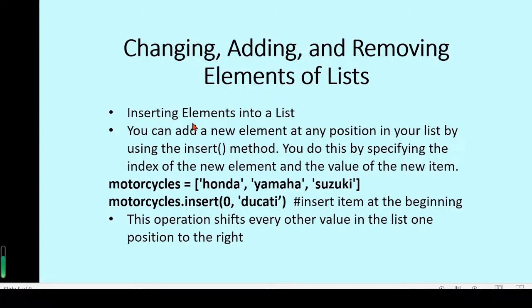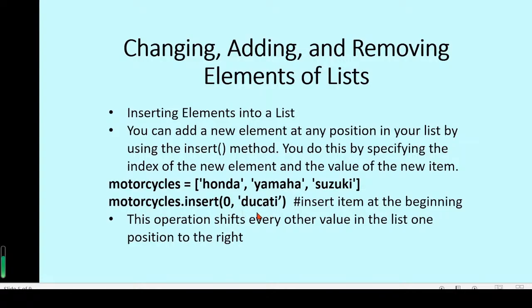And you can also insert elements into a list. So you can add a new element at any position in a list by using the insert method. You do this by specifying the index of the new element and the value of the new item. So this is a list with 3 motorcycles, and we can insert a new motorcycle at the first position.